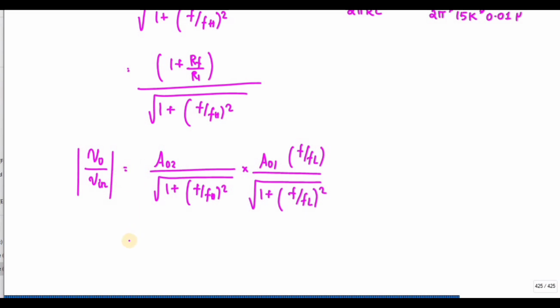So you can write this as A naught, where A naught is nothing but A naught 1 into A naught 2. Okay, so you will get the final answer as this.